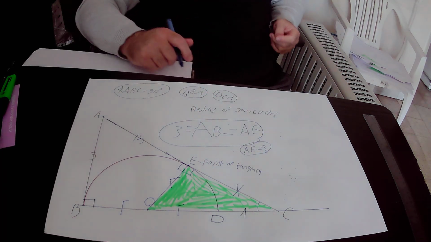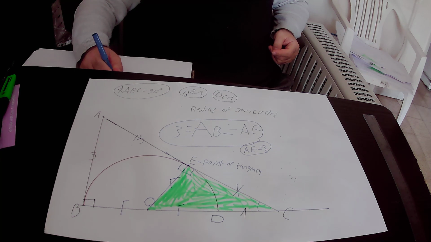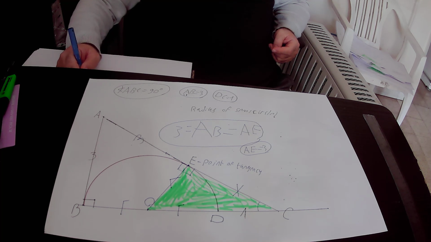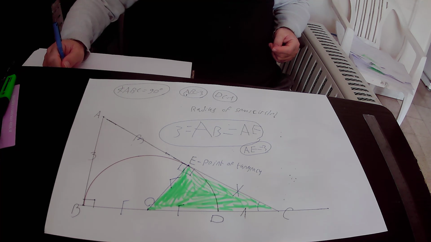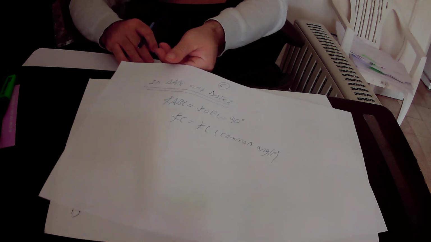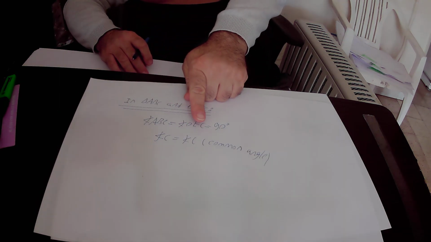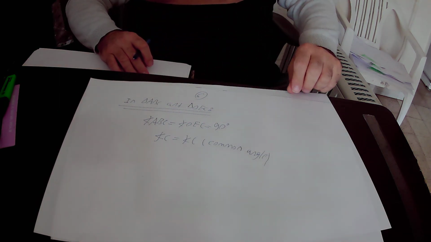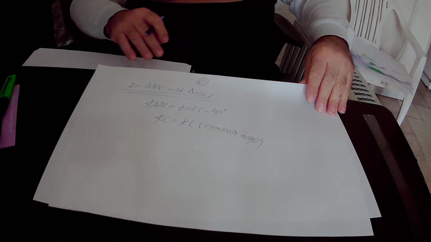So we can write down that angle C equals angle C, a common angle that belongs to both triangles.